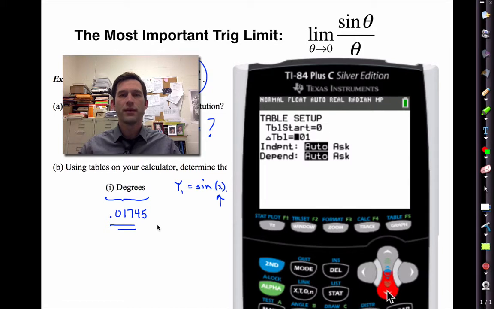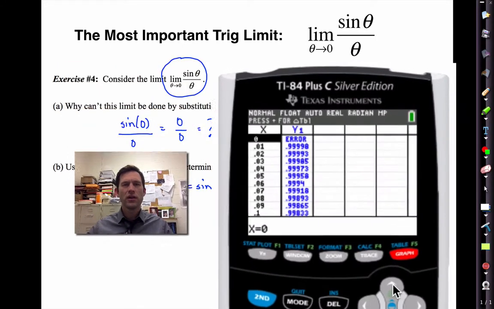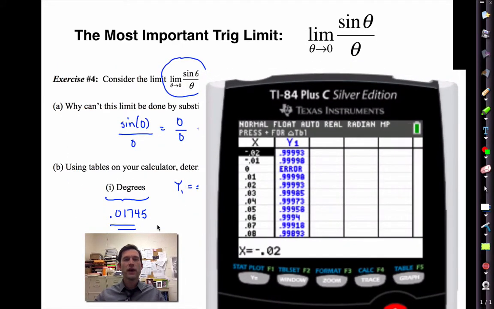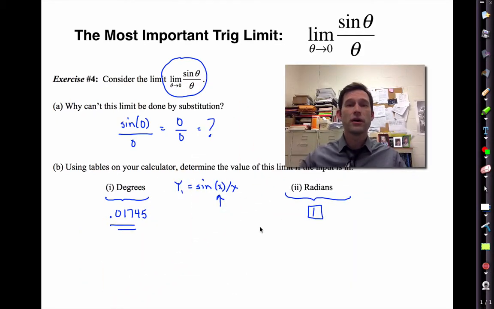All right, let's go back into our table. Oh, that's much nicer. Look at these values. Look at the values from above. Look at the values from below. Whew, they all seem to be heading towards one very nice number, and that's the number 1. All right. I'm going to make the calculator go bye-bye now, and it's gone.